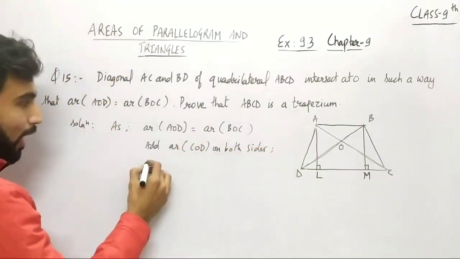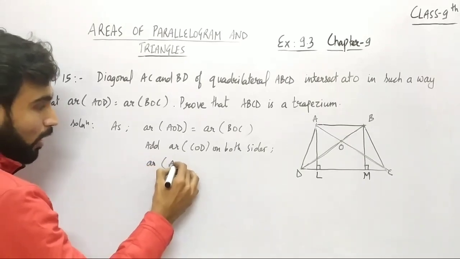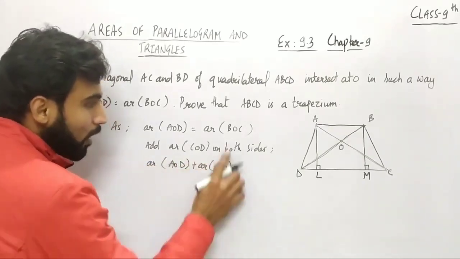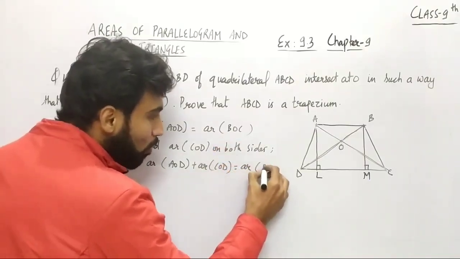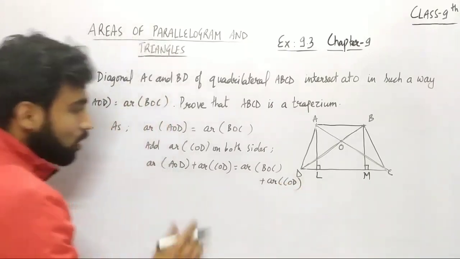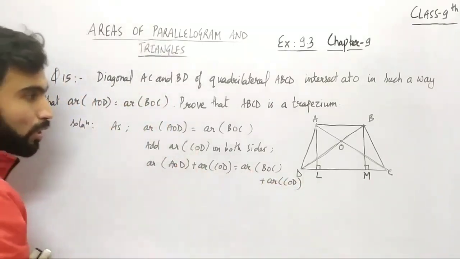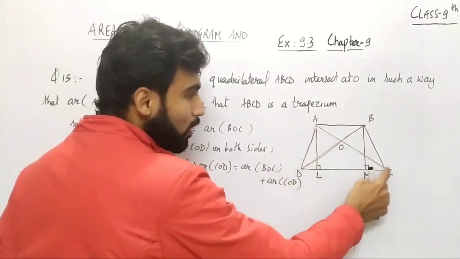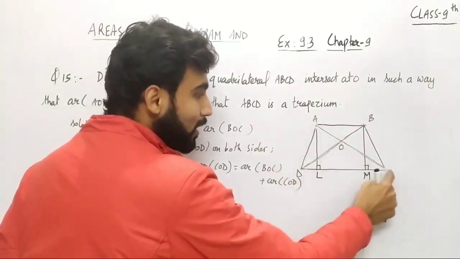So what I will get adding COD on both sides, so area of AOD plus area of COD equal to area of BOC plus area of COD, right? So आप देख सकते हैं मैंने दोनों तरफ क्या जोड़ दिया, COD जोड़ दिया. Now you can see AOD plus COD, AOD plus COD, that will form ACD, right?